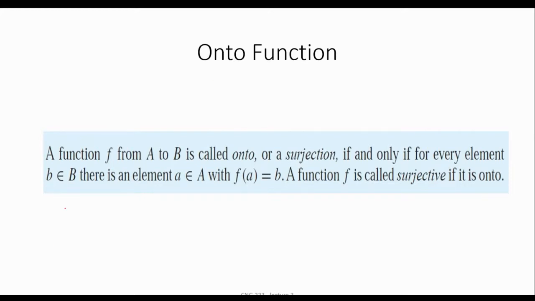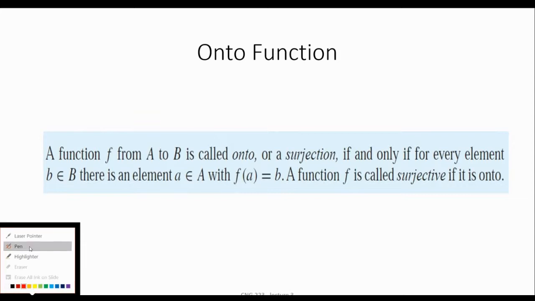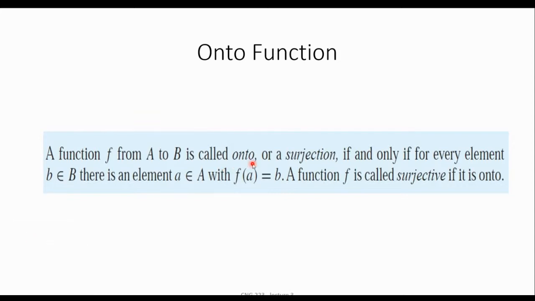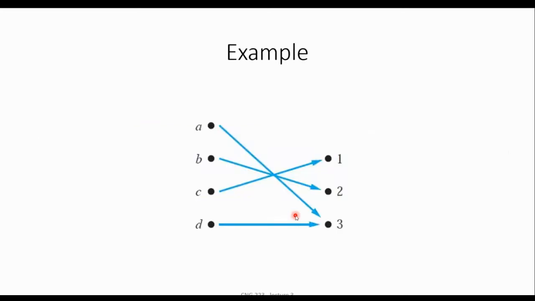Now, what about onto? The function f from A to B is called onto if and only if for every element b belonging to B, there is an element a belonging to A with f(a) equal to b. The best way to show you the surjective property is on this picture. What do we mean by that?